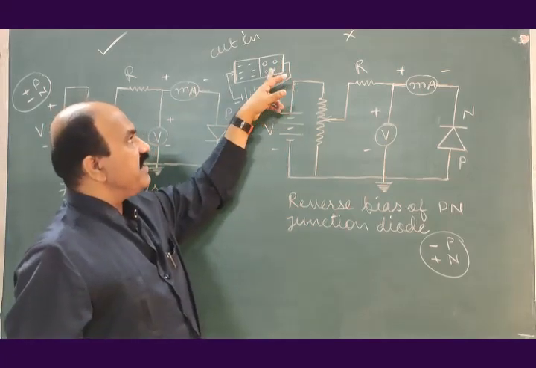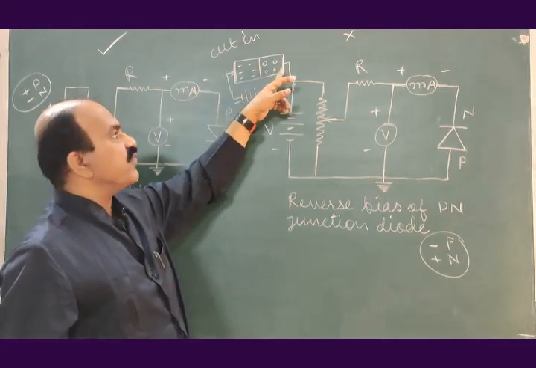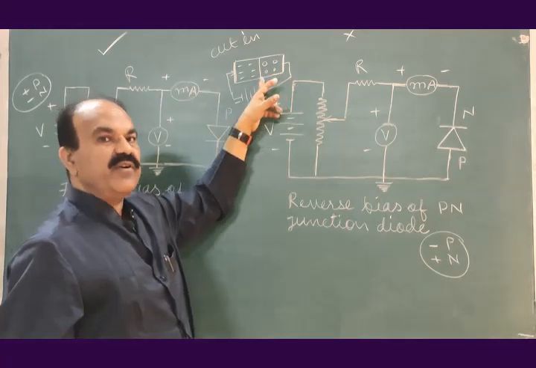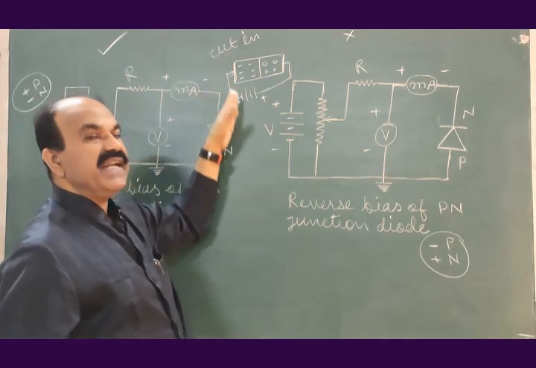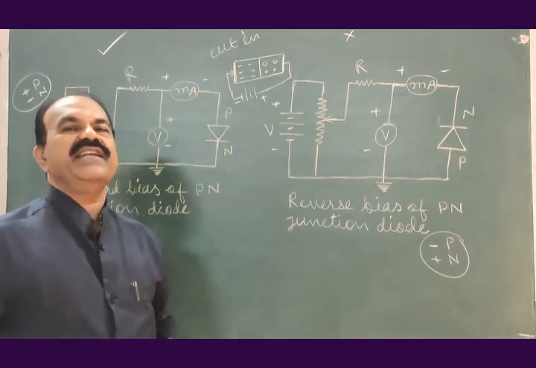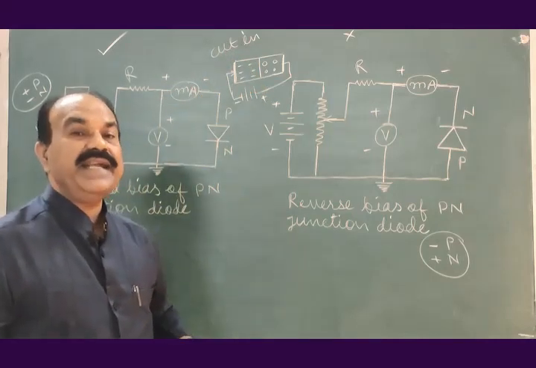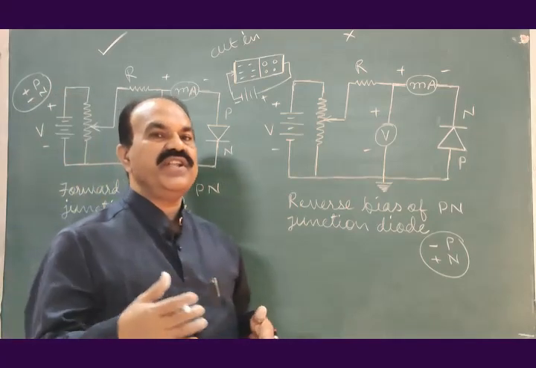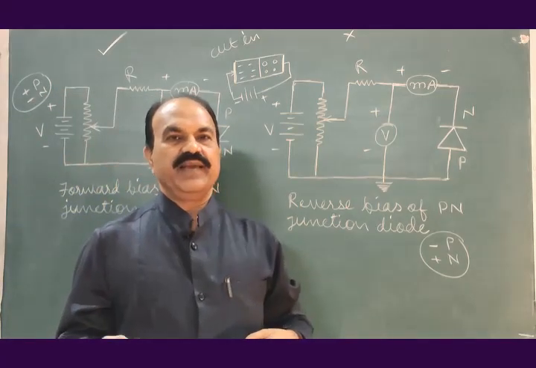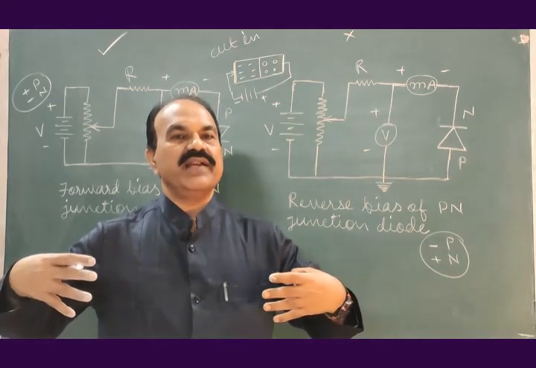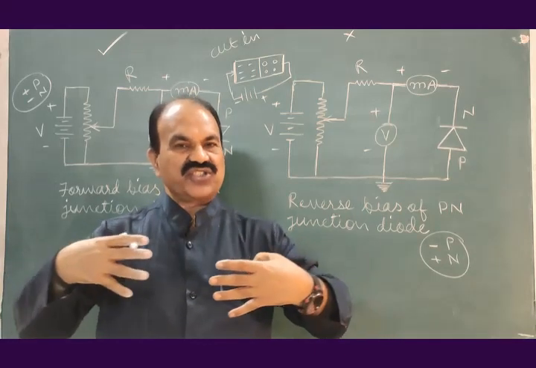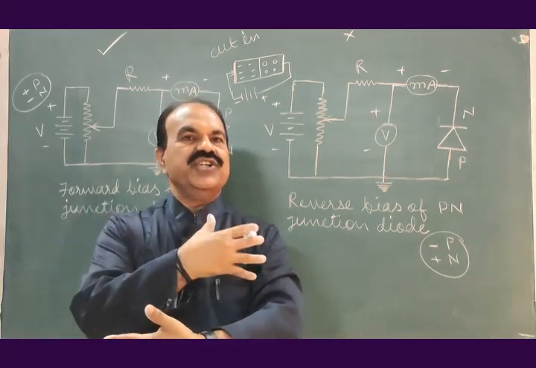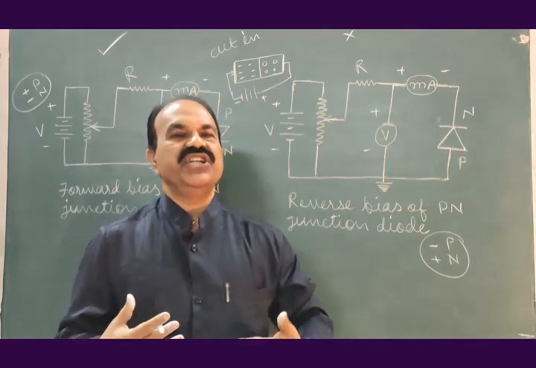When the positive side is repelling the holes away from it, at the same time the negative side is attracting the holes. Therefore, when we increase the forward voltage slowly, more and more electrons and holes will cross the junction and enter into the opposite region.